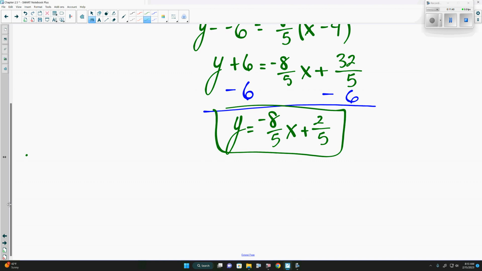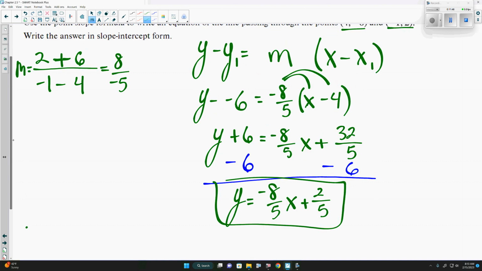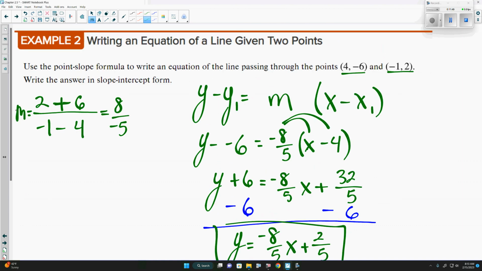But again, how many points do we need to graph a line? 2, yes? They did give us 2 nice points to start with, yes? So we could actually plot those 2 points and graph the line. Any questions on this here?